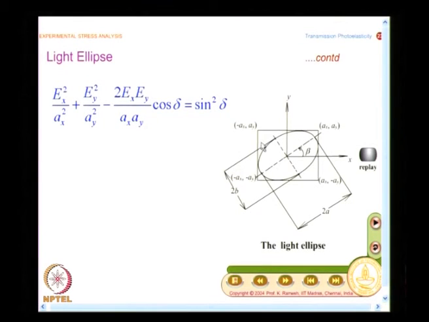And what you have here is, this is an equation of an ellipse at some arbitrary angle, and that is what you have here. I have this as the light ellipse, and this light ellipse, the major and minor axes are shown here, and this is oriented at an angle beta, and this is governed by a generic expression like this.